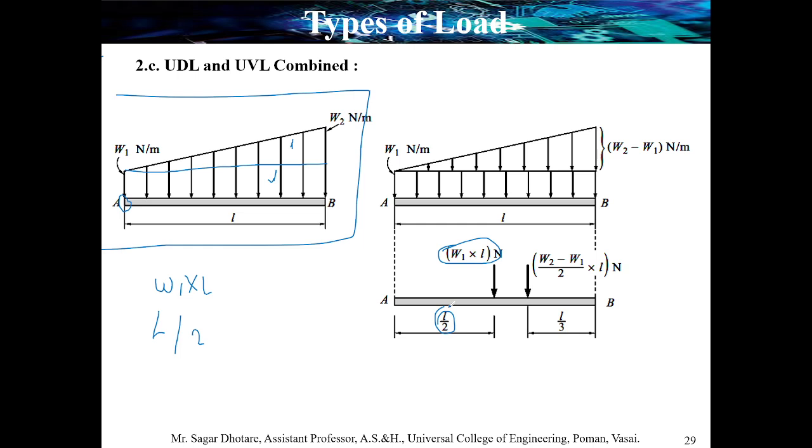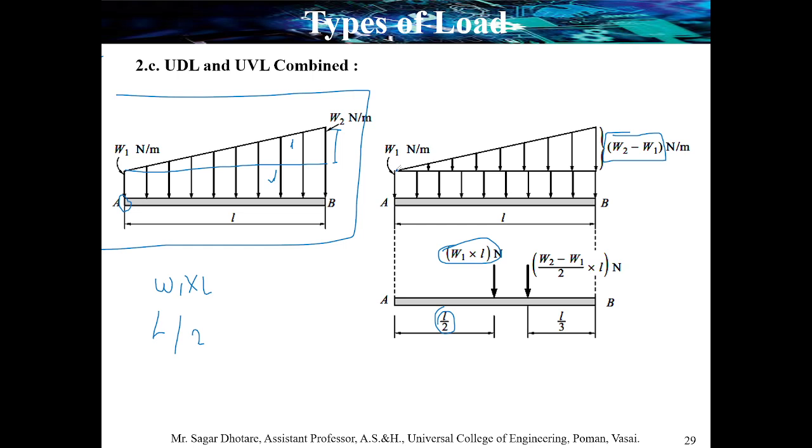Now, to find the value of W, we need to take the difference between W2 and W1, so that we can get the maximum height of the uniform variable load, from where to where it is increasing.